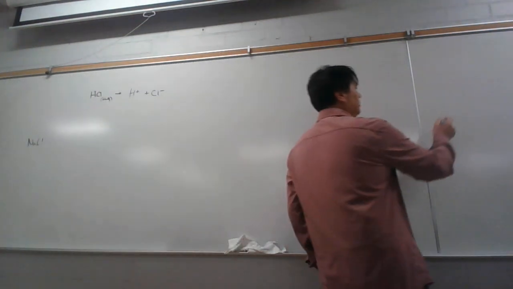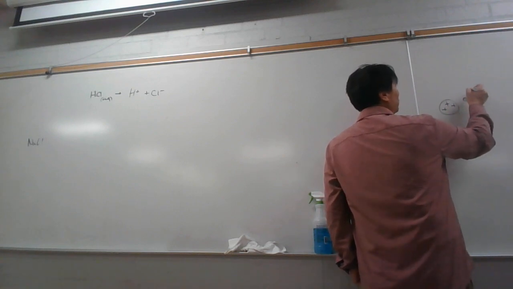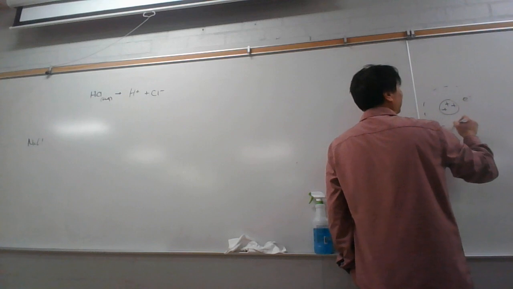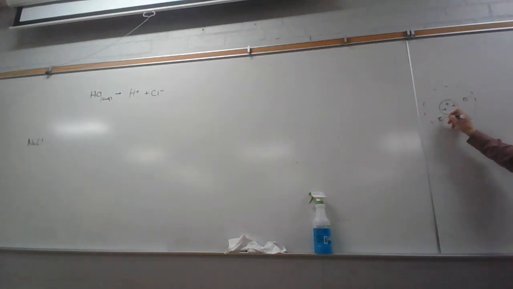Well, lithium has 3 protons, and then it has what we call core electrons. Actually, not one, 2 core electrons. And then it has a valence electron. The valence electron has been ionized.